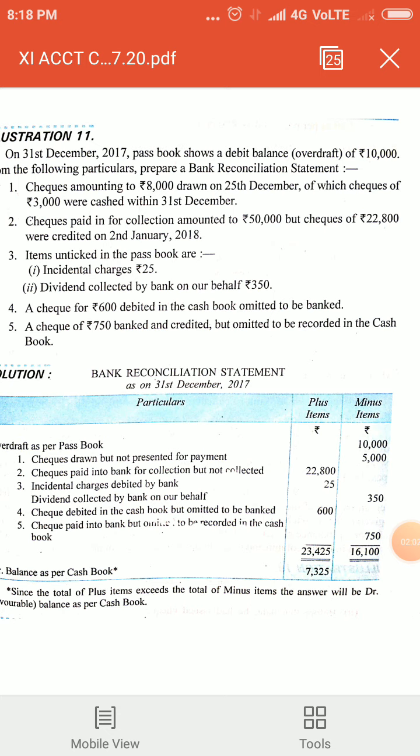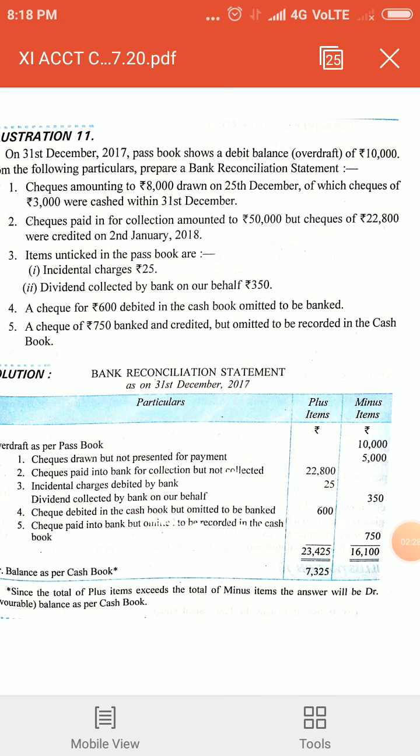Again, dividend collected by the bank on behalf of the customer, rupees 350. So these items were collected by the bank, but the cashier doesn't know about this. So if you want to match the passbook balance with the cash book balance, then we will have to subtract the item from the passbook balance. Again, a check of rupees 600 debited in the cash book, omitted to be banked.